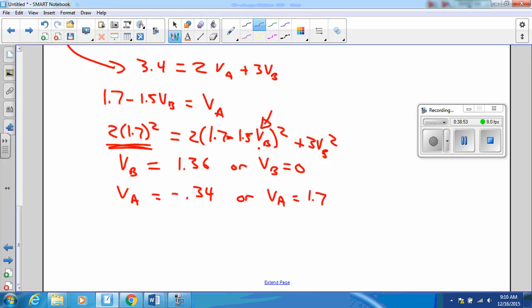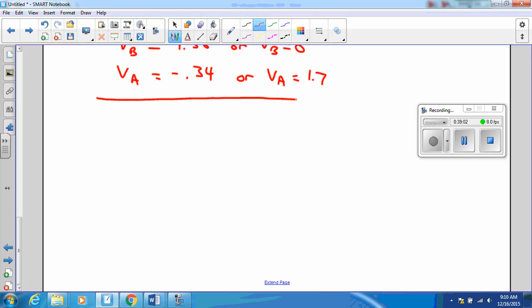And the last question is, what will be the maximum height of each ball after the elastic collision? So here again, we have to do some conservation of energy. For ball A, we're going to set energy final equals energy initial.